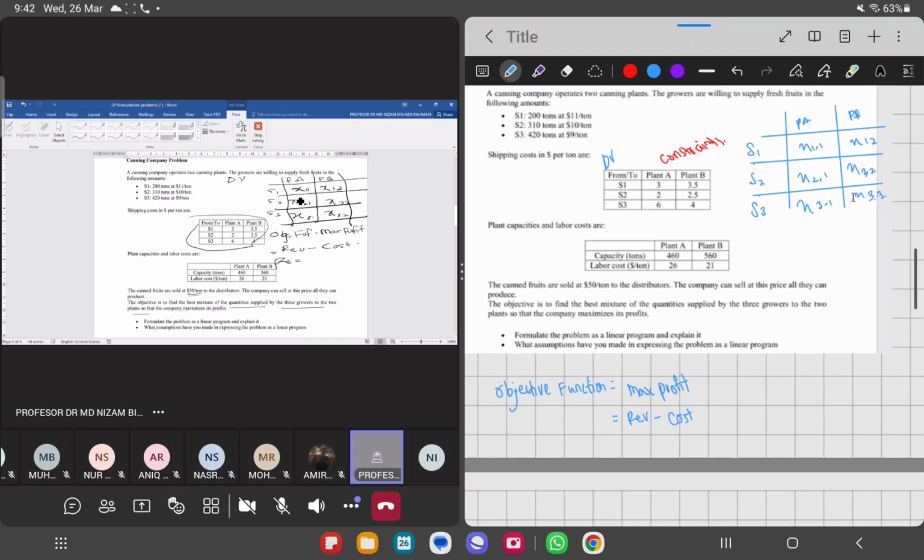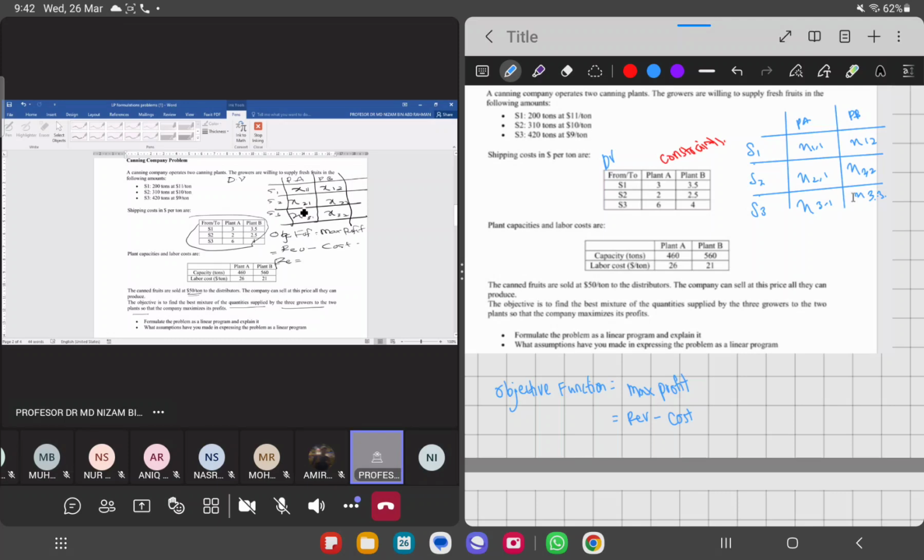Look at the decision variables. If X11 equals 1, I ship 1 ton from S1 to plant A. If X12 equals 10, I've shipped 10 tons from supplier 1 to plant B. All this shipment will be converted into canned fruits.